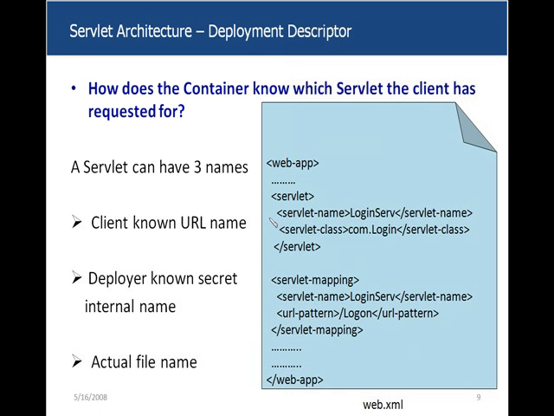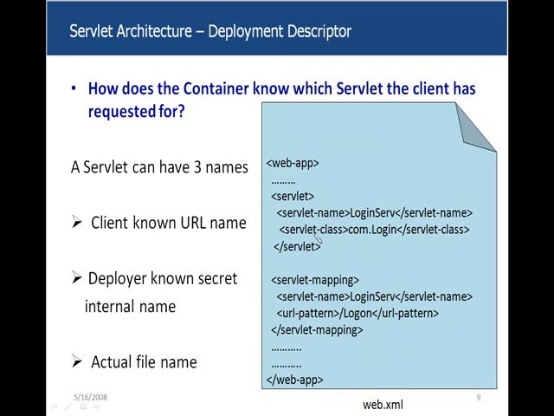Now you see that there is also a section called servlet mapping. We have mapped the servlet class to some servlet name in the servlet element. That's fine. The container can now know, depending on this name, which servlet class to invoke and where that servlet is located.